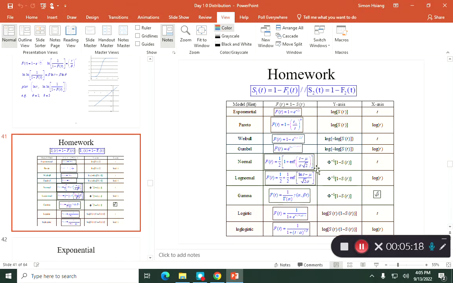And then we have normal, lognormal, or gamma, where we use the normal inverse function to get to that. Finally, for logistic or log-logistic, we use the ratio between success and failure.